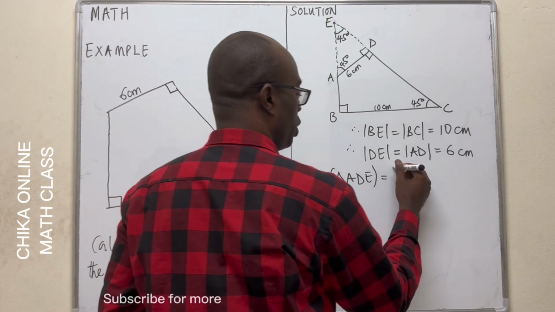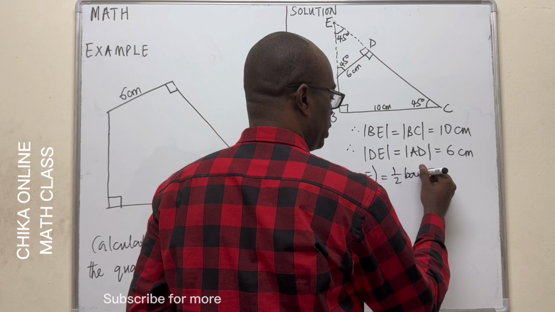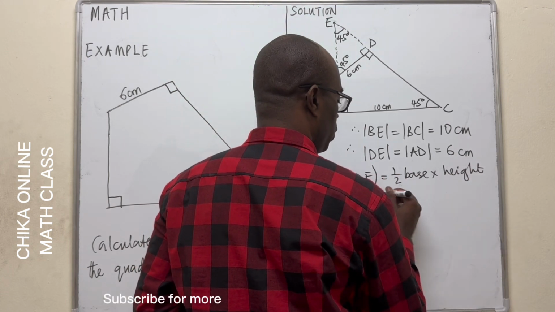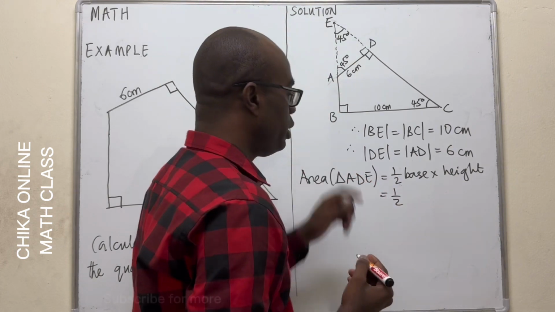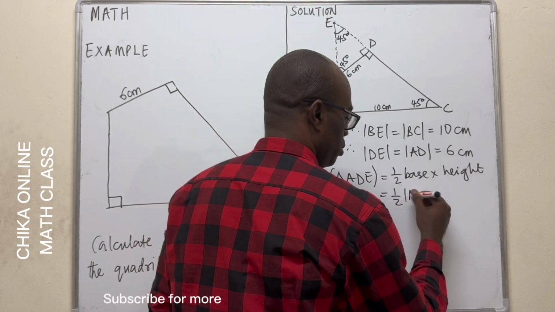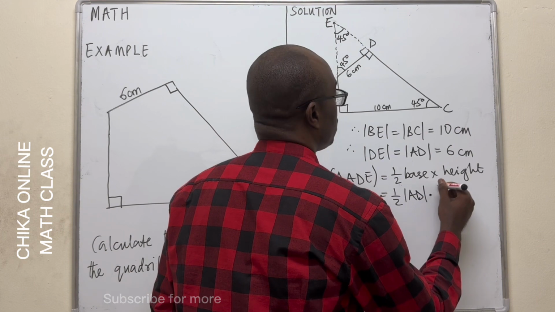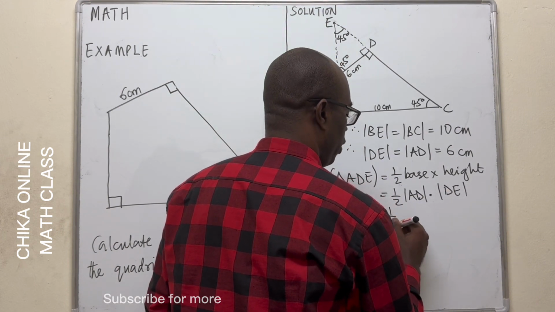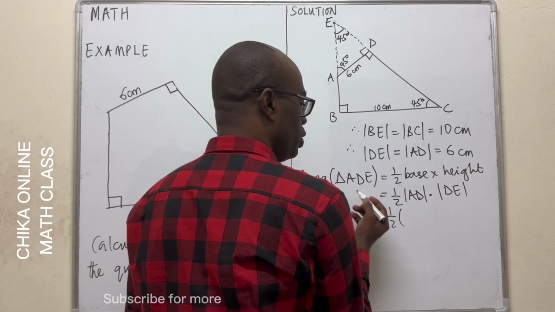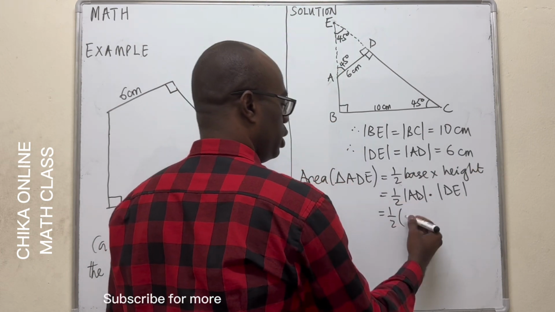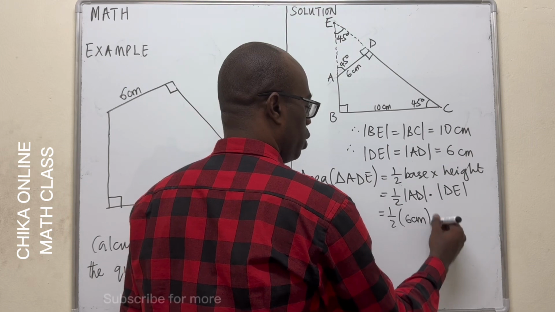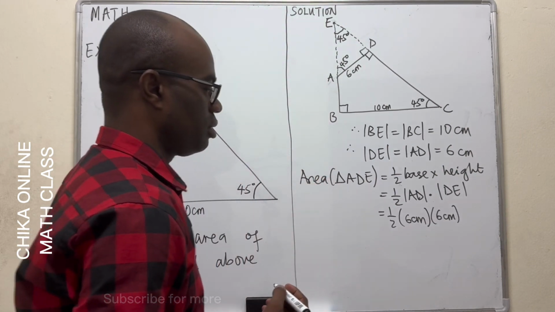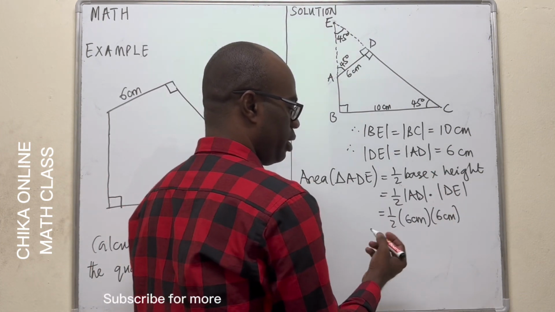So it is equal to half base times height, which is equal to half AB times DE, which is equal to half times AB is what? 6 cm. DE is also what? 6 cm. Okay? Now, we'll multiply.